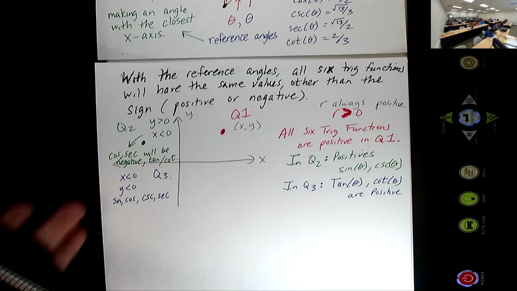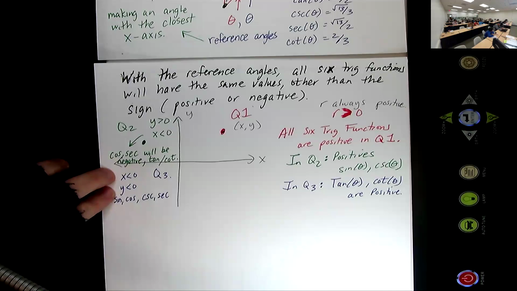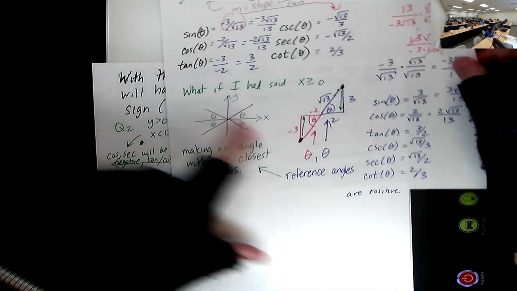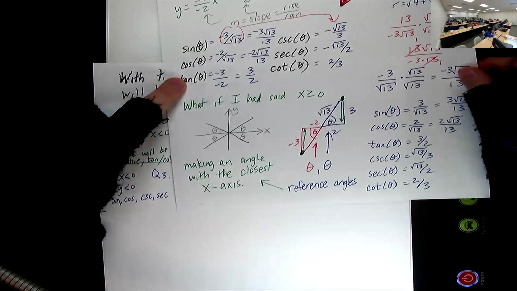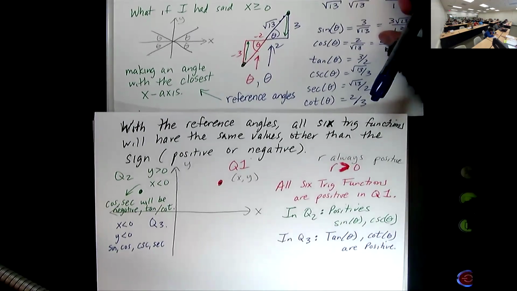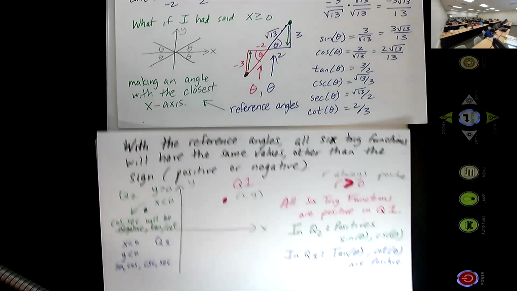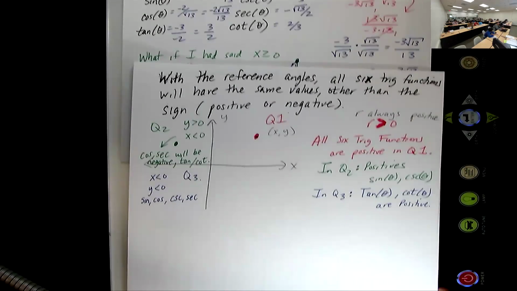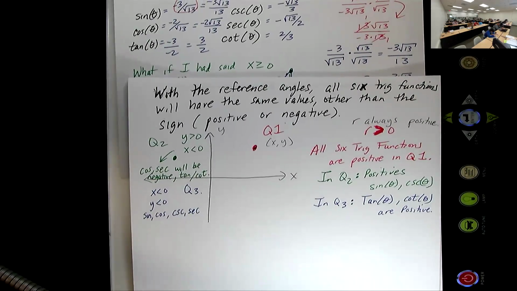And they're positive because the negatives of the Y and the X cancel out. Like we saw in this problem right here, the -3 and the -2, tangent ended up being positive. We saw that in the tangent and cotangent up there.